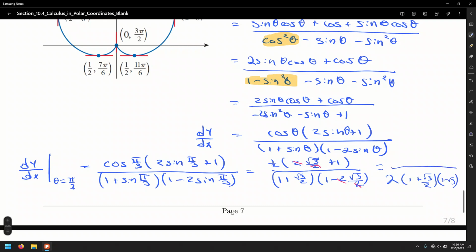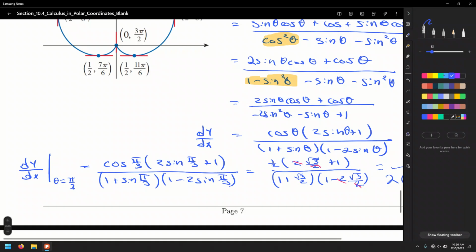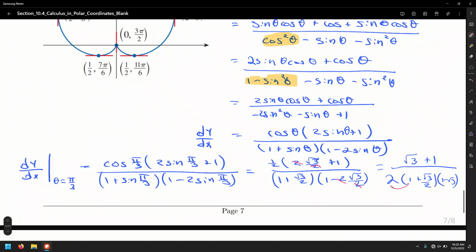In the numerator, it's root of 3 plus 1. And we're almost there as far as simplifying this expression. So I'm going to distribute these two over here inside the parentheses, multiply by 1, multiply by root of 3 over 2.